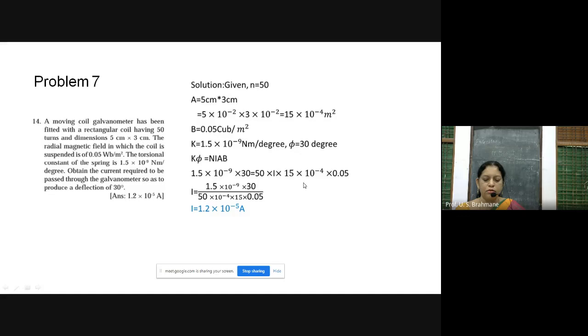Now just rearrange the terms. Take this I on the left hand side, and then we have 1.5 into 10 raised to minus 9 into 30 divided by 50 into 10 raised to minus 4 into 15 into 0.05.